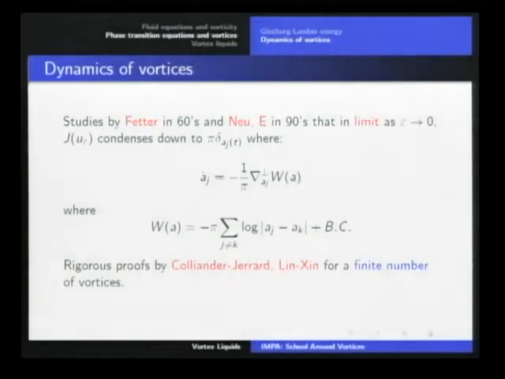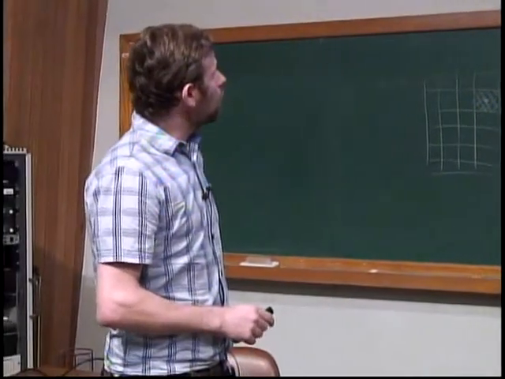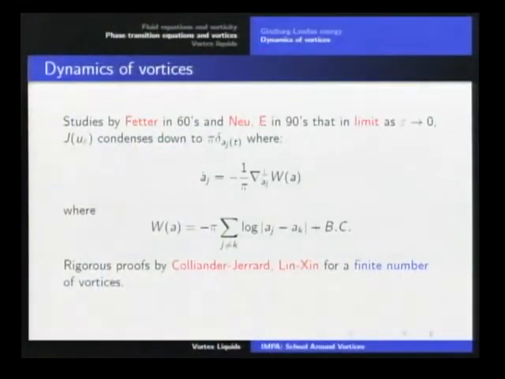In other words, we get the point vortex motion law that we saw earlier in several lectures. We get the Helmholtz-Kirchhoff ODE. There were some rigorous proofs by Colliander-Jerrard and Lin and Shatah for a finite number of vortices. And I'll talk a little bit more about that in a bit.